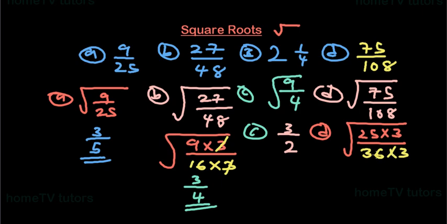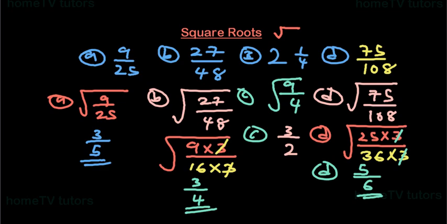Sometimes you could split it, sometimes you just look for the perfect square directly. Okay, so now we cancel out the 3, the one above and the one below. So now the square root of 25 is what? 5. Good. And the square root of 36 is what? 6.